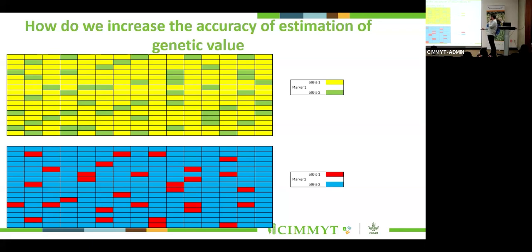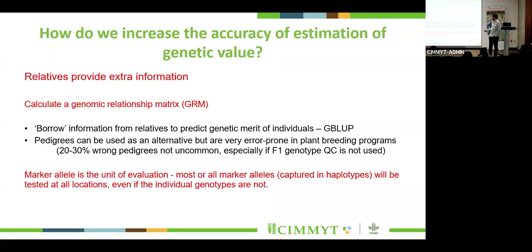No, 96 lines. Most alleles will not be at a super low frequency in the population here. So we can make a reasonable estimate from the field trial of how much any particular allele affects the trait at a particular marker. Sum them up, and that's the basis of ridge regression BLUP.